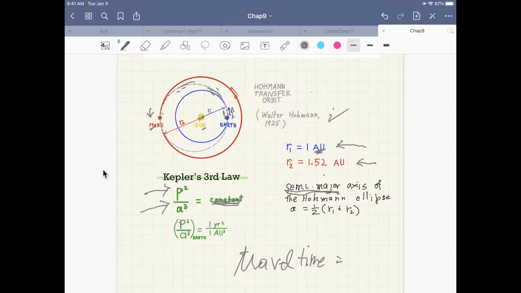So we want half the ellipse. So the travel time is 1/2 the ellipse. Now the total time for the ellipse is p. This p here. And we know this p here, I guess.